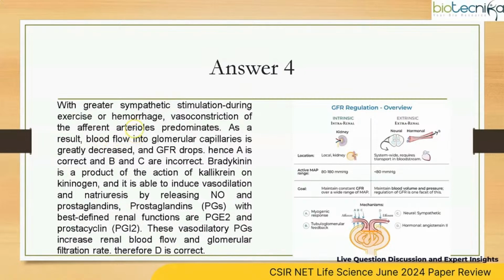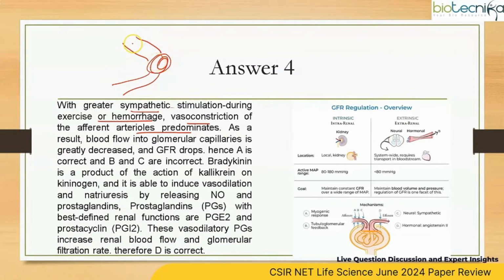With greater sympathetic stimulation during exercise or hemorrhage, the sympathetic division gets activated. So vasoconstriction of afferent arterioles is predominant. As we know, this is afferent, this is the glomerulus, and efferent. So when there is sympathetic stimulation, hemorrhage, blood loss, the body doesn't want to lose water.